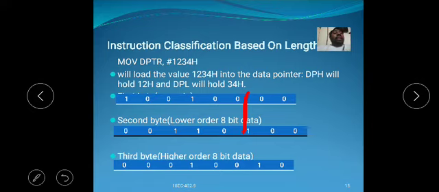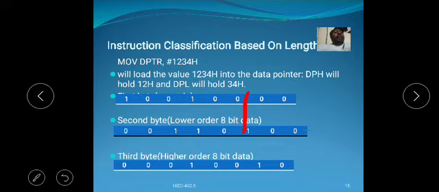The DPH will hold the 12H and DPL will hold the 34H. Load the value 1234H into the data pointer.